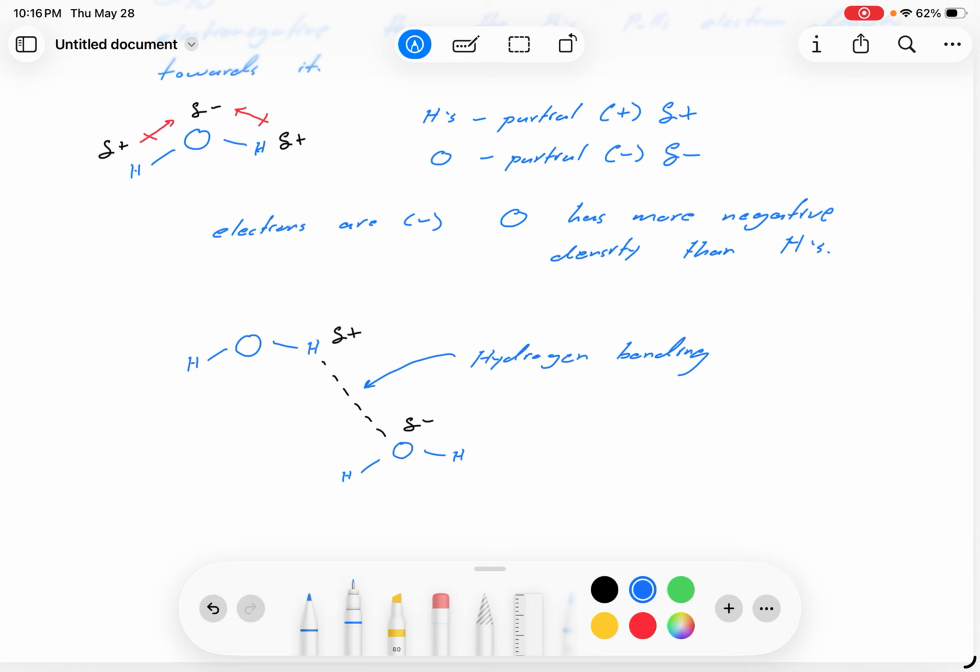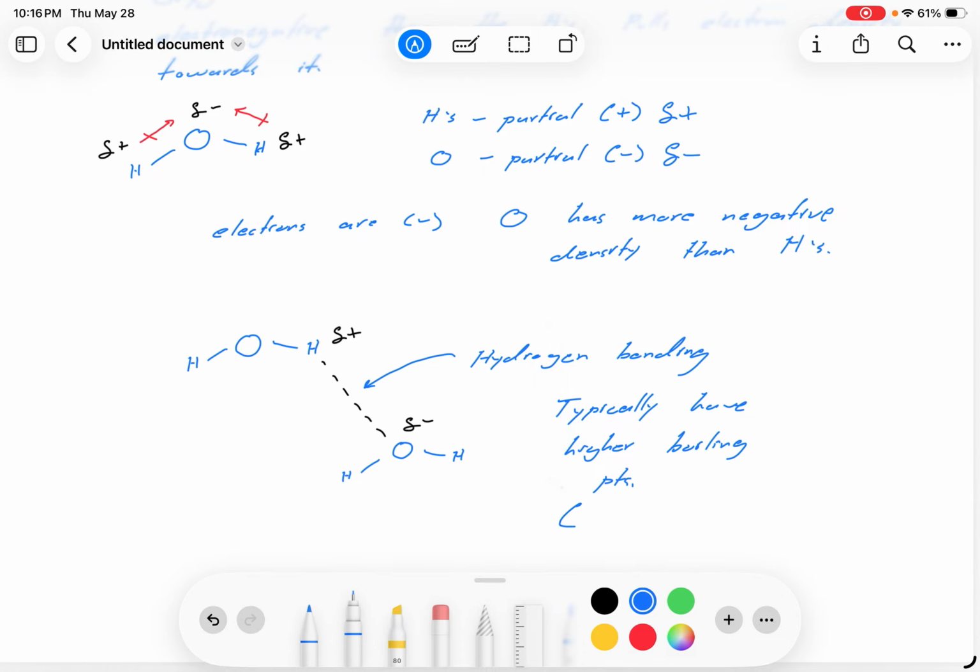So hydrogen bonding, right? They typically have higher boiling points. And this is what we would call a physical property.